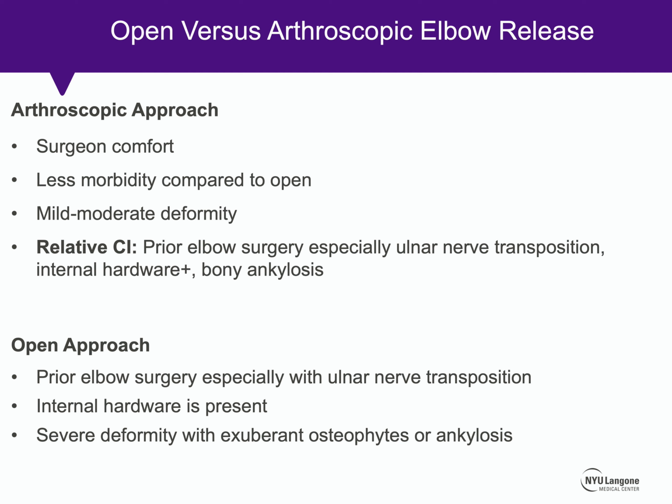You can be tested on relative contraindications, of which the most common one to be tested is if a patient has a prior history of ulnar nerve transposition, then he's at a higher risk for injury, and preferably an open approach should be utilized, even though there is a described surgical technique to do an elbow arthroscopy in patients who have had a prior ulnar nerve transposition.